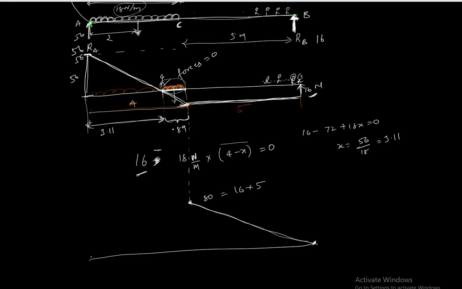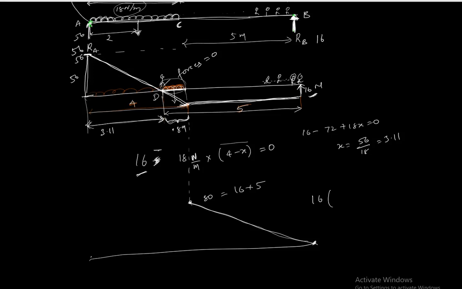Okay? So the next point we need to find is the moment at, let's call this point D. To find the moment at D, we do the same thing. We'll say each force times the distance there. So first, 16 times this distance, so that will be 5 plus 0.89, correct?